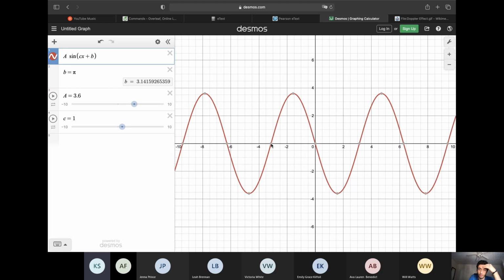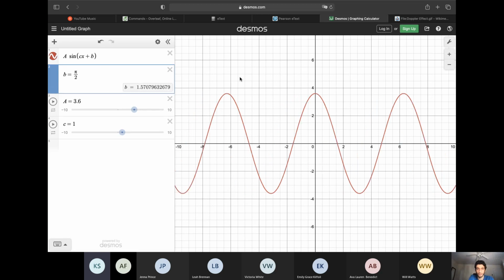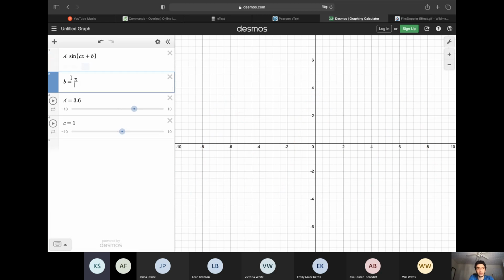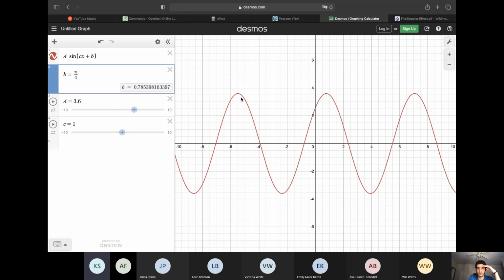Our wave started over here, but now when I change it to 1 pi, it goes halfway through the wave, and so on. If you want to go a quarter of the wave, make it pi divided by 2. If you want to go 1/8 of the wave, make it pi over 4, and so on. So this is the wave phase constant.